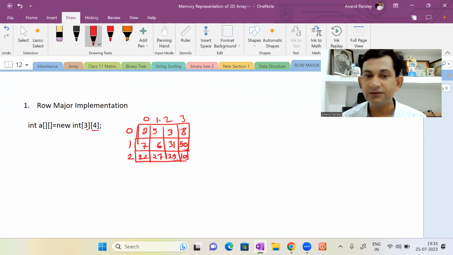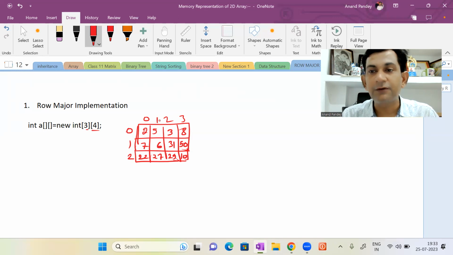For this convenience, we write the 2D array memory representation in this manner. But actually, the memory is not allocated in this tabular form.